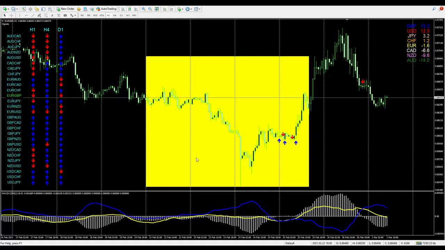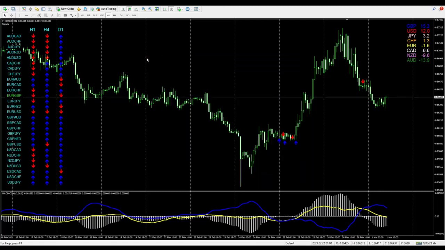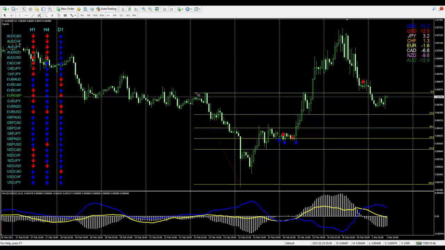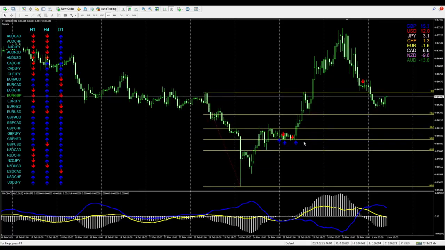So this was Monday, Tuesday, and Wednesday, and as we can see, there was a sell signal around this time, but I guess this is about the 50 Fibonacci level, and we couldn't enter EUR GBP that time. So yeah, there is no proper trade for EUR GBP.